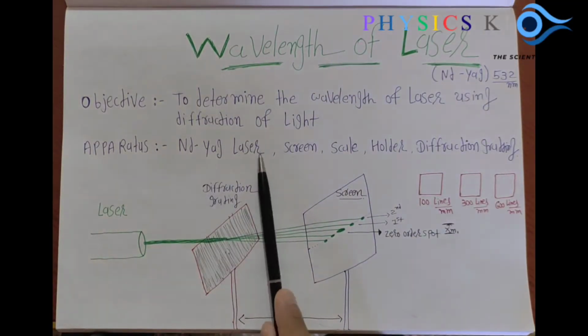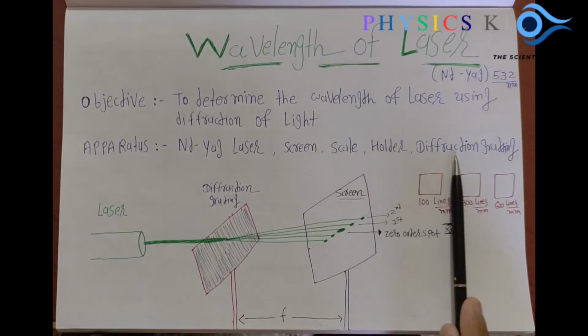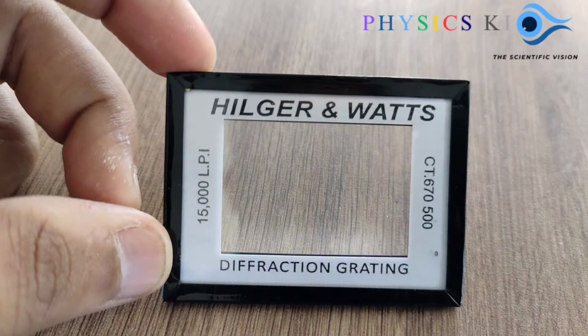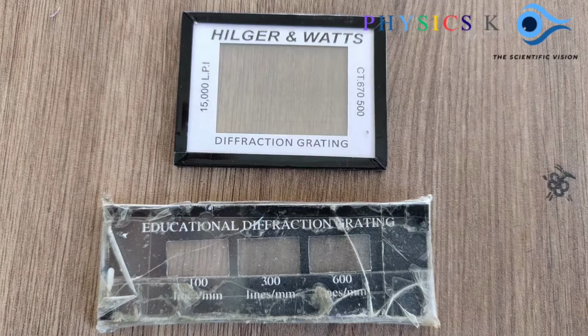Apparatus: Nd-YAG laser, screen, scale, holder, and diffraction grating. This one is our diffraction grating. You can see we have three different windows: 100 lines per mm, 300 lines per mm, 600 lines per mm. The number indicates the number of lines that exist in 1 millimeter. This one is 15,000 lines per inch, so per inch 15,000 lines are there.